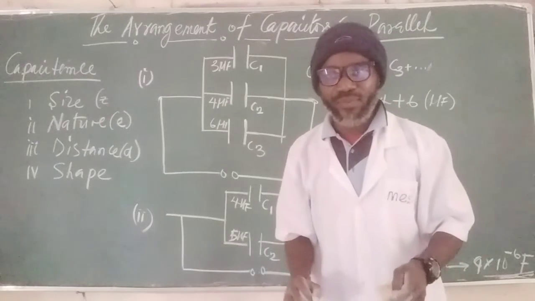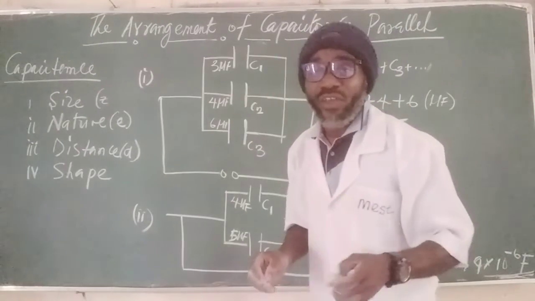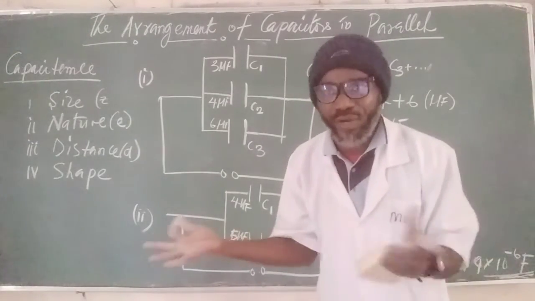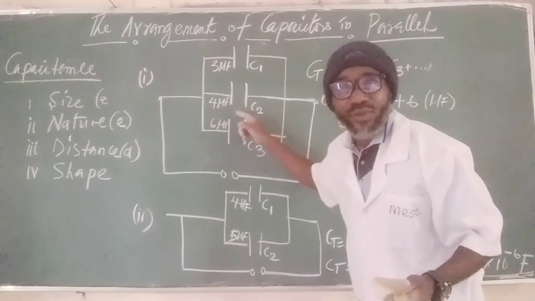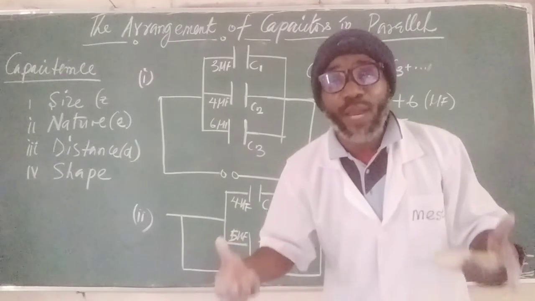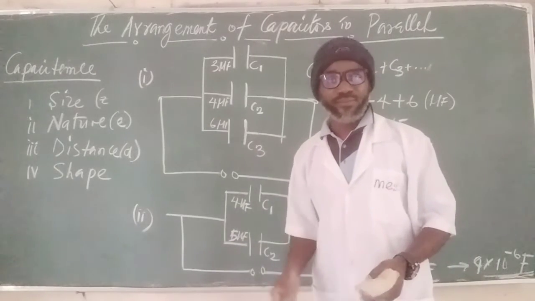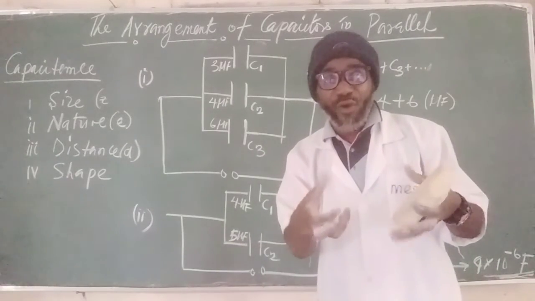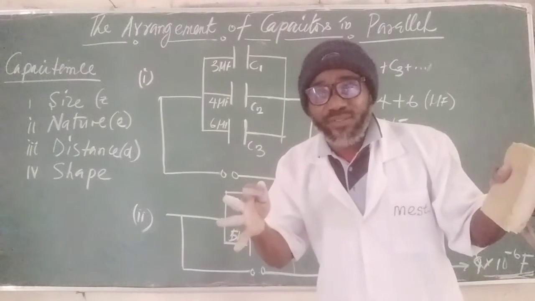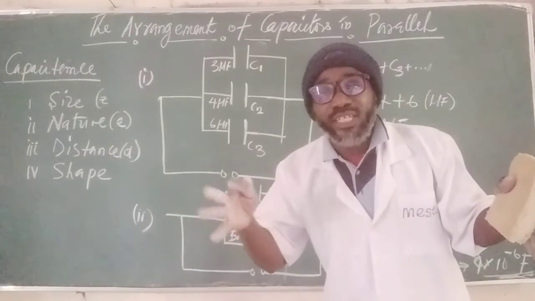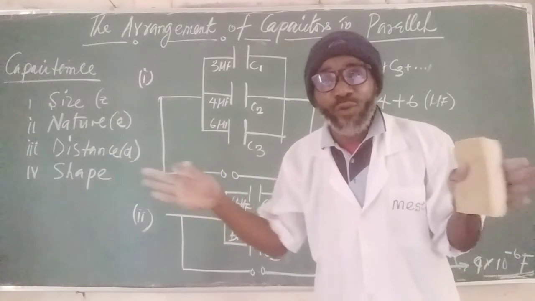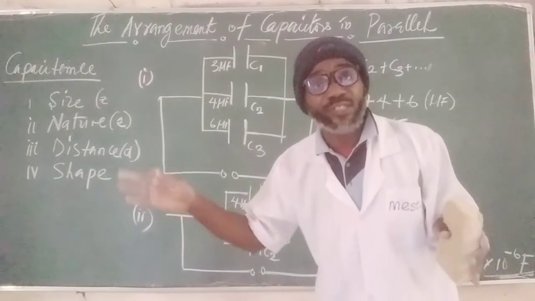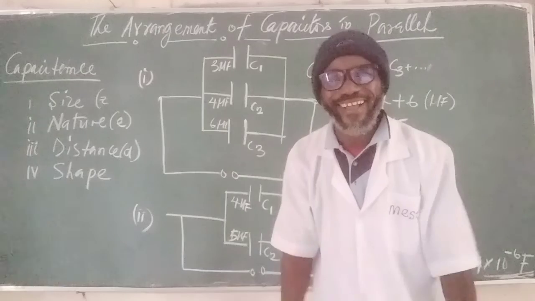Take note. Increasing the cross-sectional area of the 2 plates also increases the capacitance of the capacitor. When the cross-sectional area increases, correspondingly, the capacitance will also increase. If it reduces, correspondingly, the capacitance will also reduce.